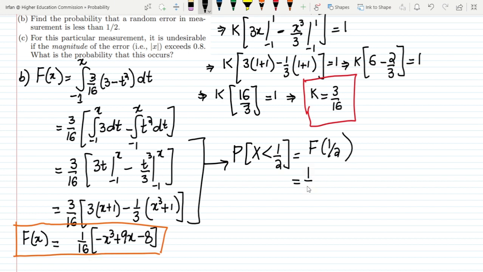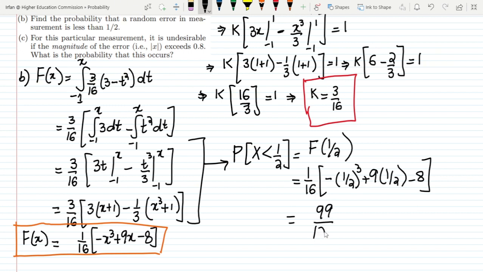What I will get is 1 by 16 times (minus (1 by 2) cube plus 9 times 1 by 2 minus 8). Ultimately the answer is 99 divided by 128. This is the answer of part B of my question.